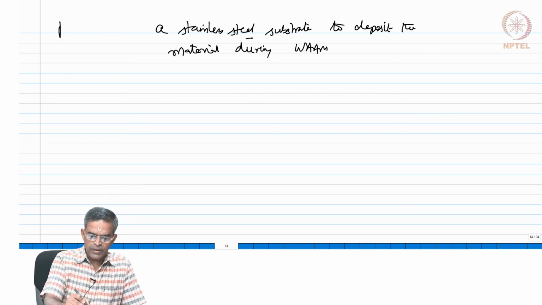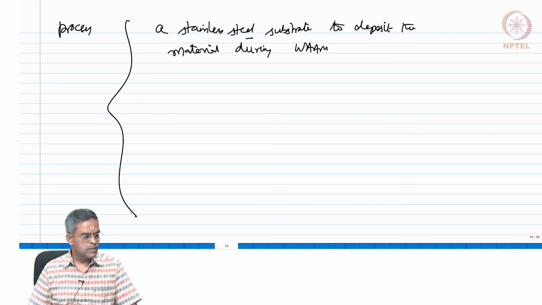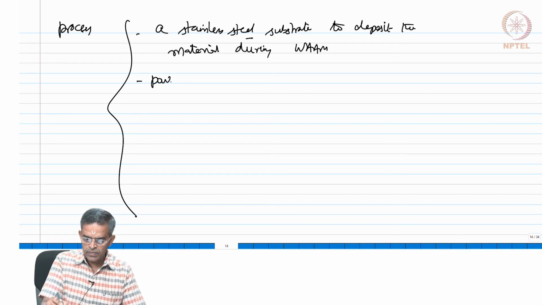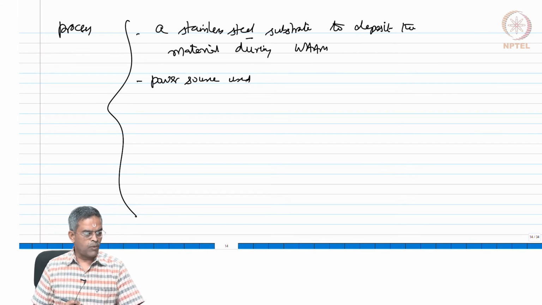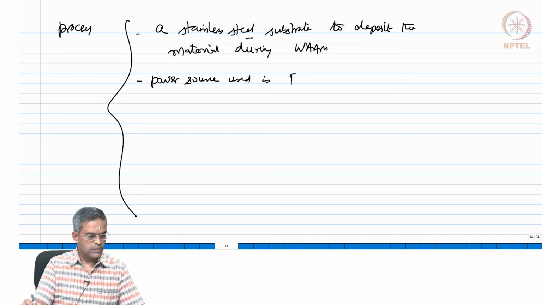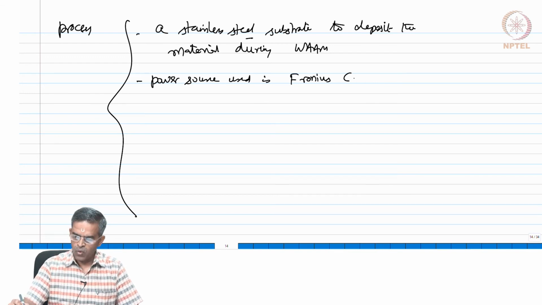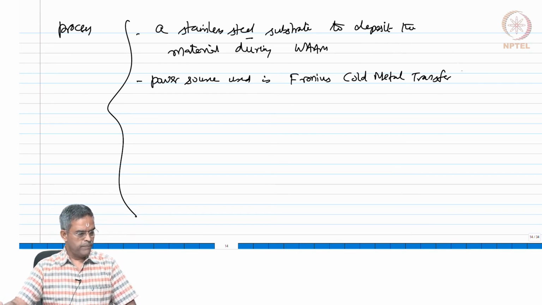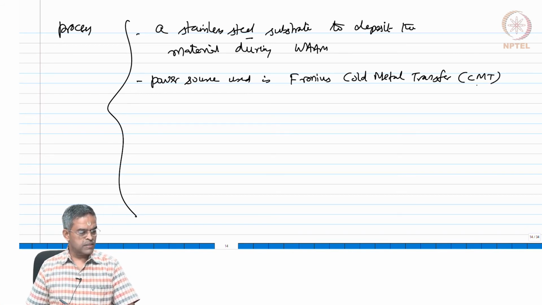Now, we are looking at the manufacturing process. Okay. The power source used for deposition is Fronius cold metal transfer, which is CMT, Transpulse Synergic 4000.